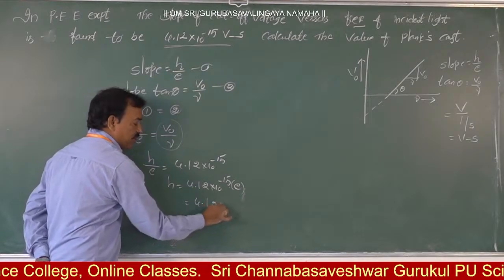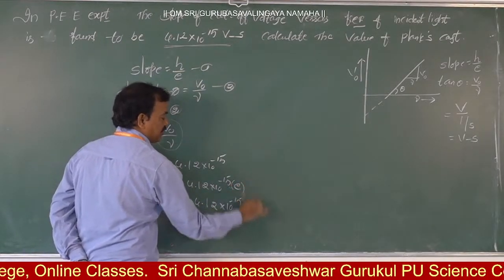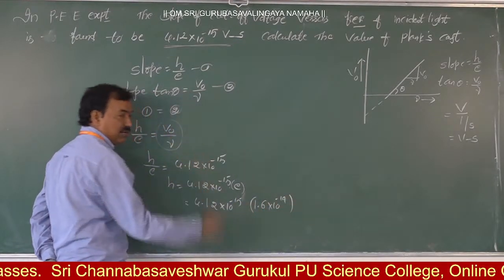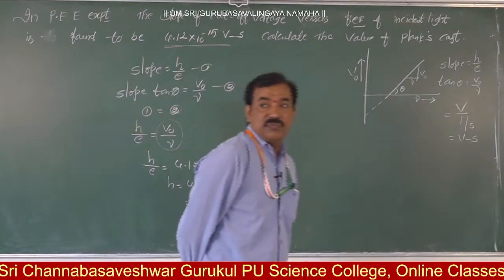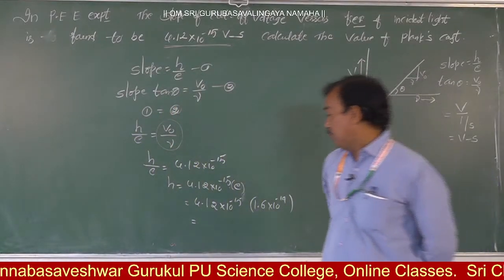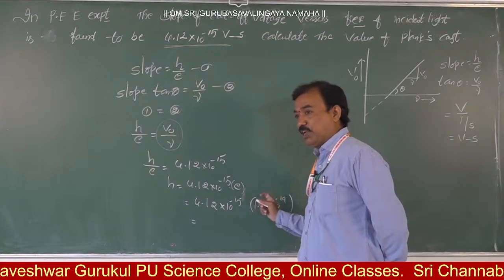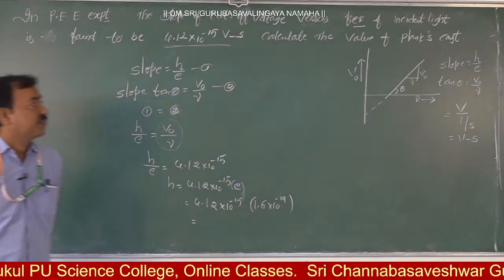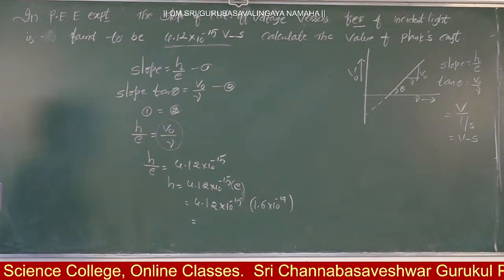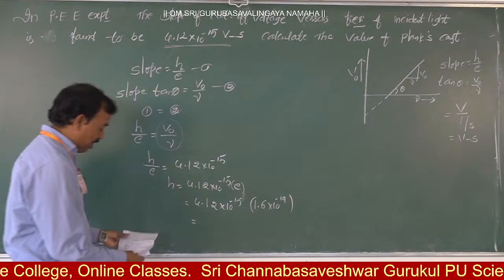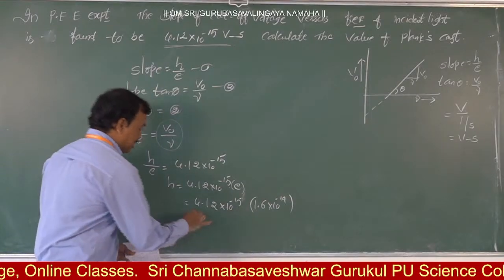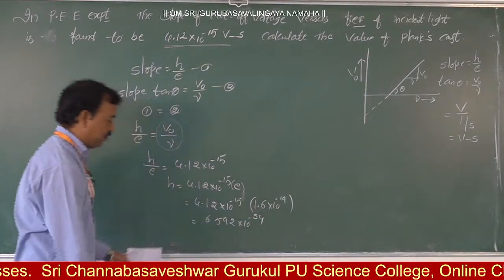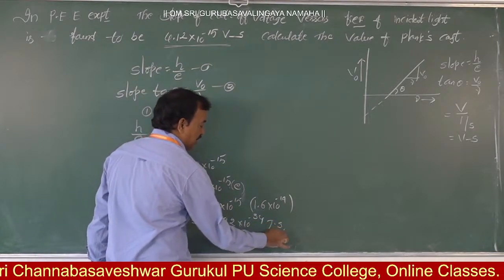So we find this value is 6.592 into 10 to the power of minus 34, and the unit is joule second.